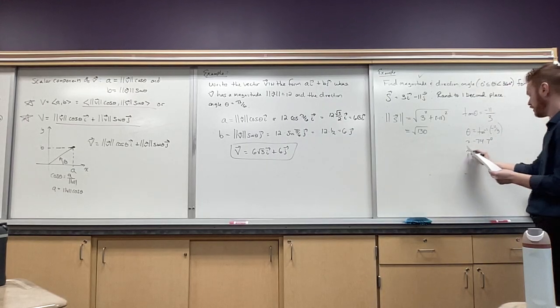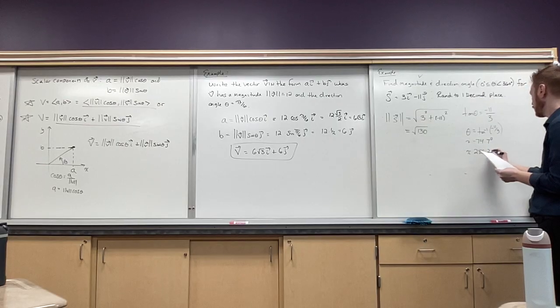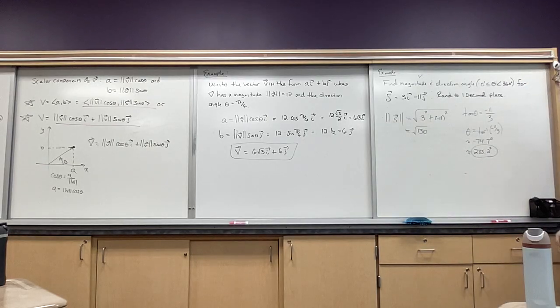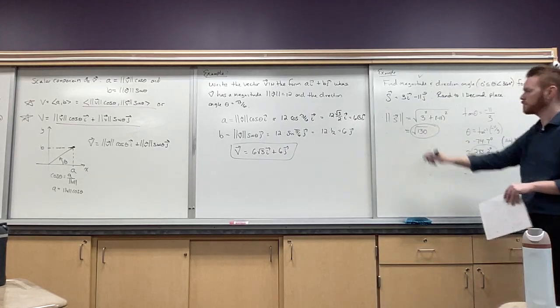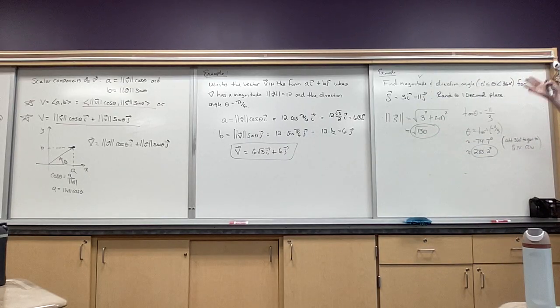So my angle is actually going to be 285.3 degrees. So we have to add 360 to get to quadrant 4, but more importantly, we want to get there counterclockwise. This gave me an angle that was clockwise, and that's not what we want. All right. So we now have one example where you had to find the components to get to the vector, and one where I gave you the components, and you find the length and the angle it makes with the x-axis.